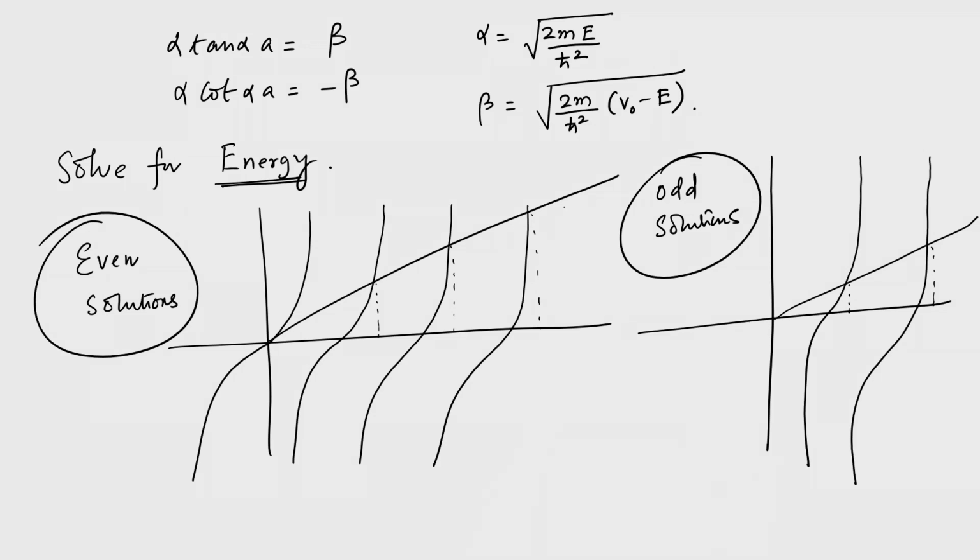Which are fine, of course, we have learned that, and this is called a graphical solution. But what about solving these equations using the numerical method that we have been exposed to, or using Newton-Raphson's method?